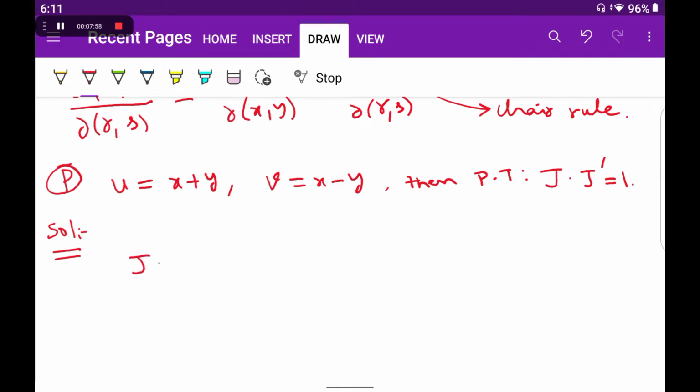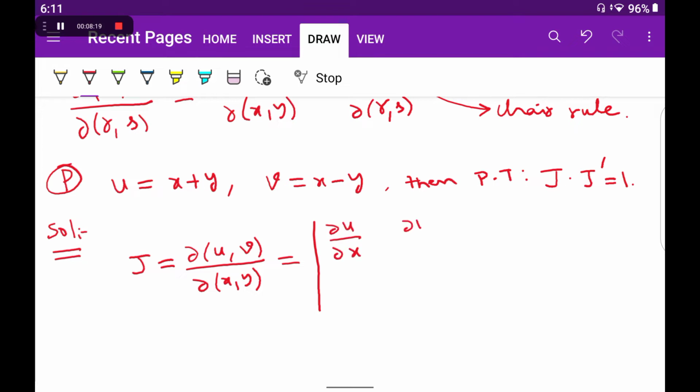So first let us find J. What is J? Suppose J is the Jacobian of u, v with respect to x, y, which is dou u by dou x, dou u by dou y, dou v by dou x, dou v by dou y.